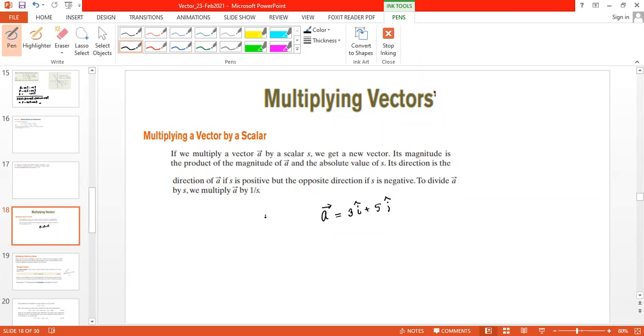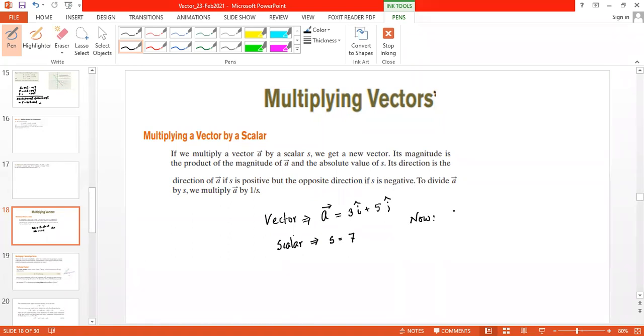My vector quantity is this one, and my scalar quantity is, let's say, s. S is a scalar quantity, and the value of this is 7. Now I want to multiply this scalar by the vector.